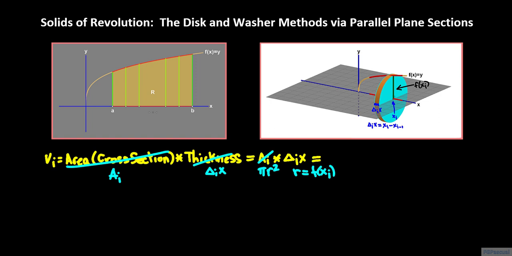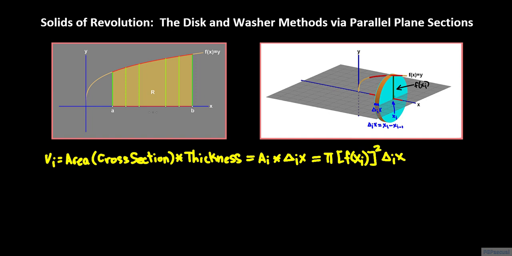Therefore, V sub i is equal to pi times the square of f of x sub i times delta sub i x. It is well and good that V sub i is in terms of x sub i because delta sub i x is in terms of x.